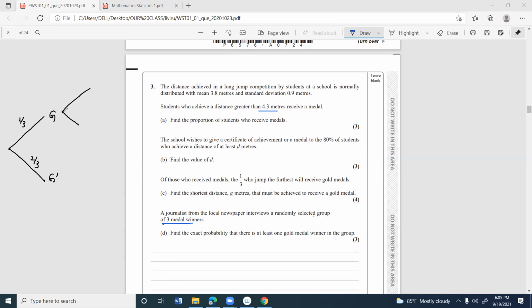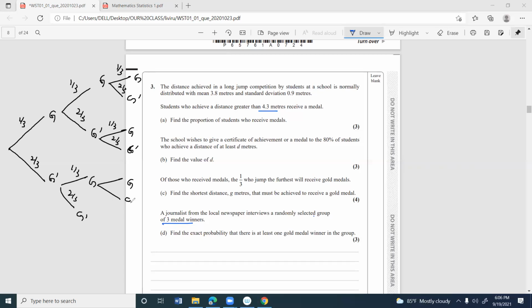The second one, you can say it's a gold winner or not gold. So it's 1/3 and 2/3, G and G dash.